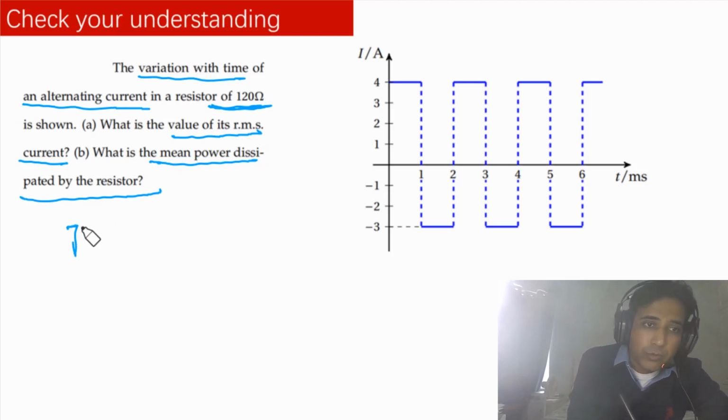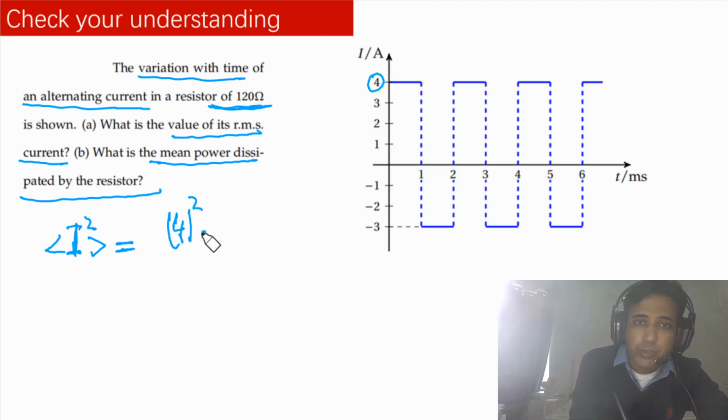In order to calculate IRMS, first of all we will calculate the mean square current. How can we calculate the mean square current? We will take this value here and take its square, so we have 4 here, so this is 4 squared, plus we will take the square of this value.